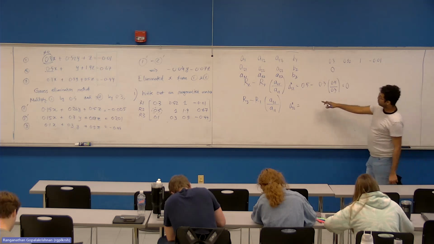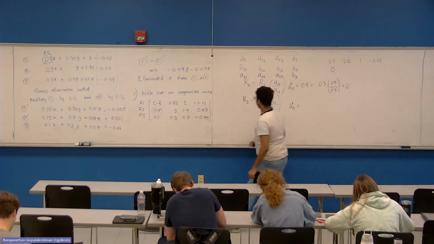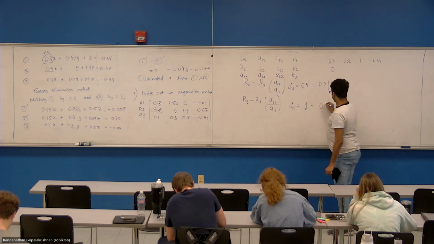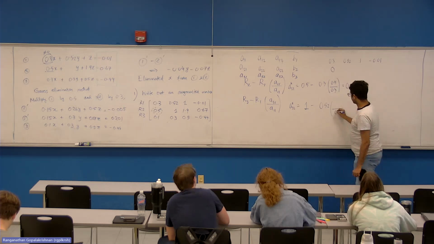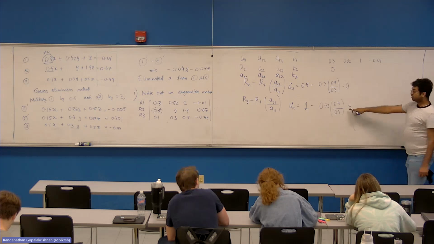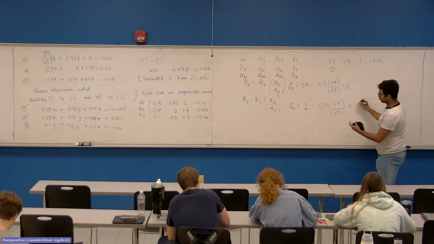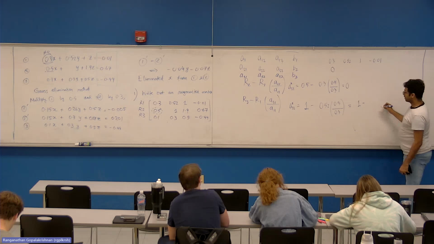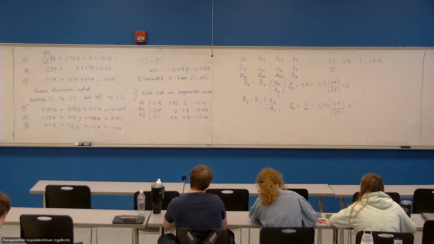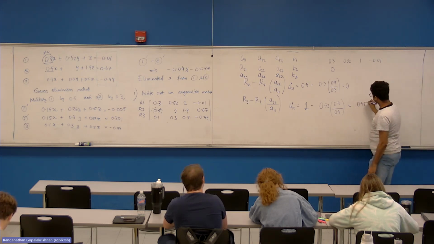What about A22 star? A22 star will be 1 minus 0.52, I have to divide by A11 and multiply it by A21. What is this? This won't be 0 exactly. In fact, this almost never will be 0. 1 minus, can you tell me this? 0.48.